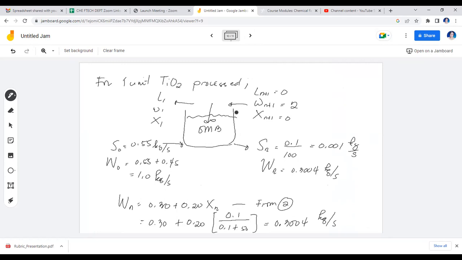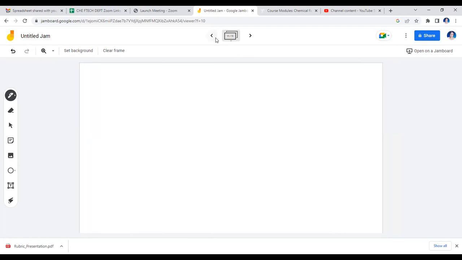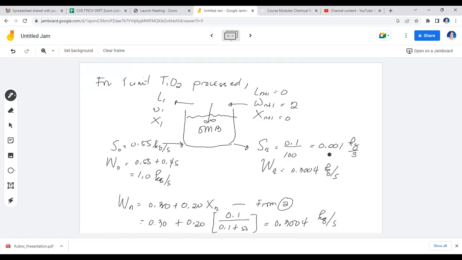Now we go to our y sub n. That would be your S sub n over your W sub n. Your S sub n in this case is 0.001. Where is that coming from? It is here.